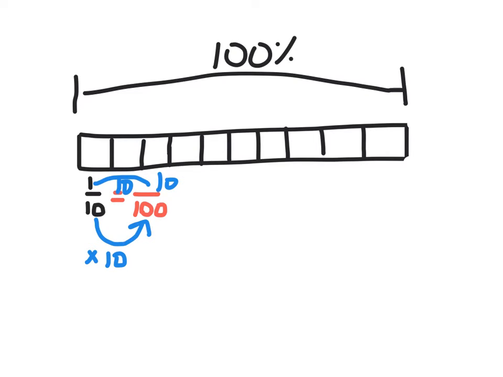So each piece is 10 out of 100. And we know that 10 out of 100 means 10%. So if I were to shade in 3 of these, so 1, 2, 3, that would be 10, 20, 30%.